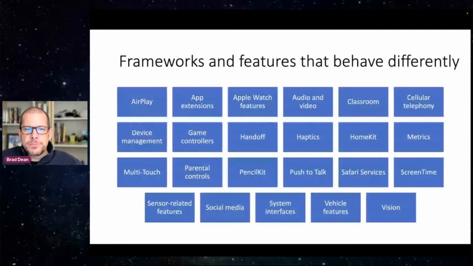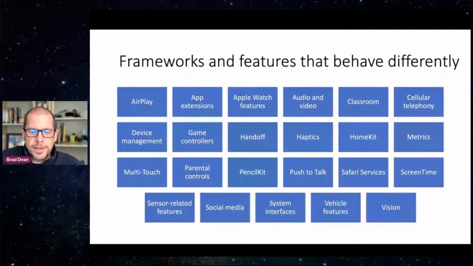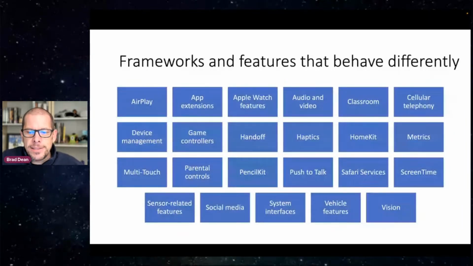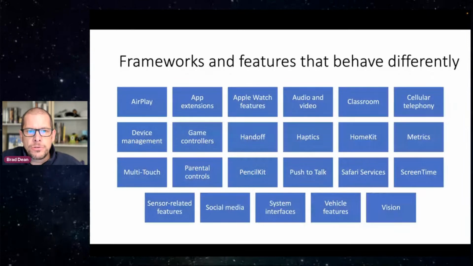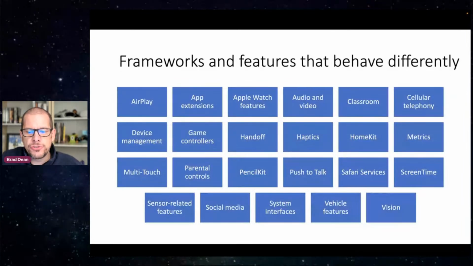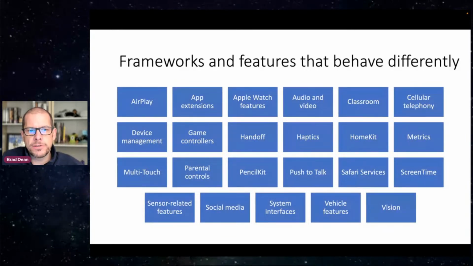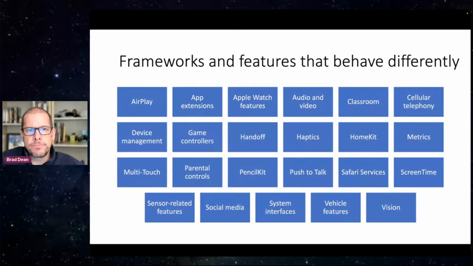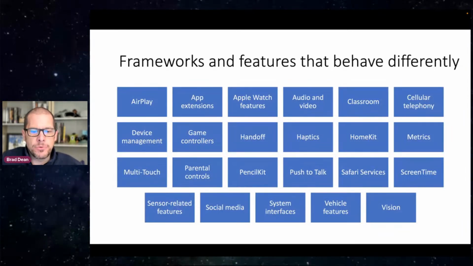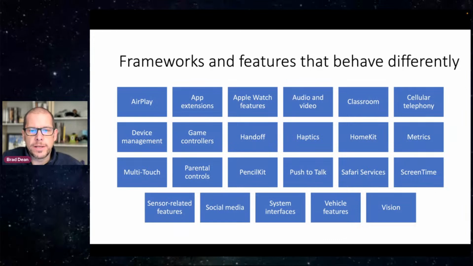A lot of things just behave differently. And they behave differently in a way that your code shouldn't crash if you just try to use them like you used to. For example, screen time. If your app currently reports screen time, then currently on iPad you report, hey, my app was used for this long, and it goes into reporting.